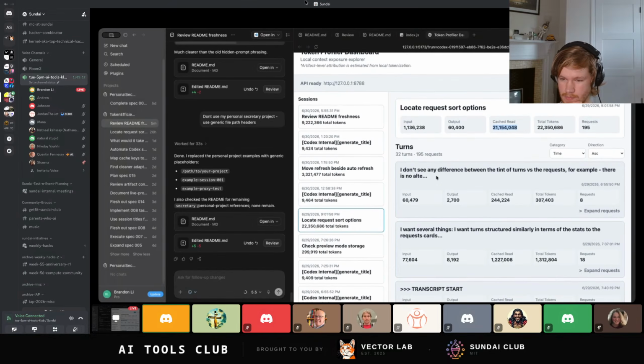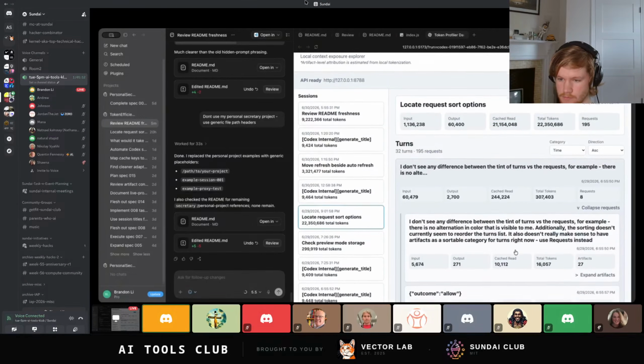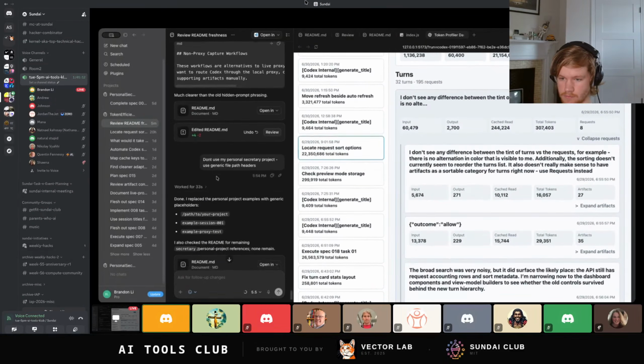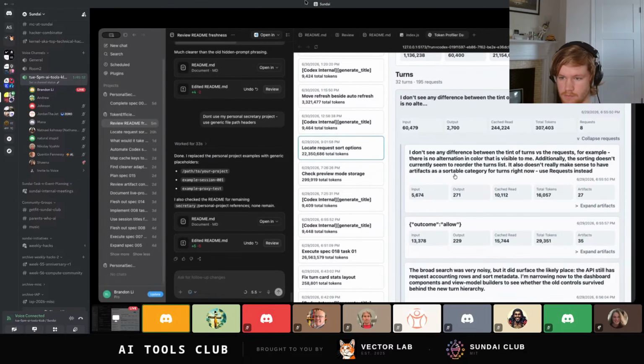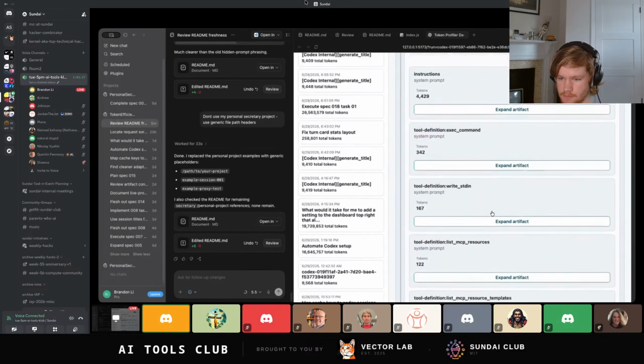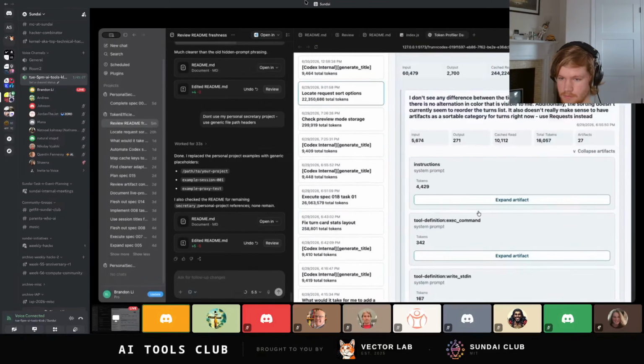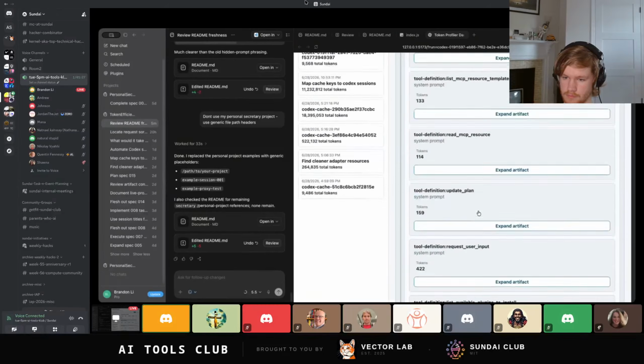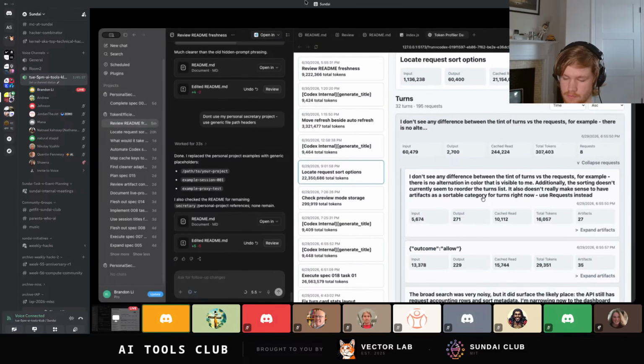This is a turn, but then you can drill down into each of the individual requests sent within a turn, and beyond that, all the way into the specific artifacts and their estimated token costs. I haven't published it yet, but I was going to open source it and put it out there so the Sunday community can try it out in a little bit.